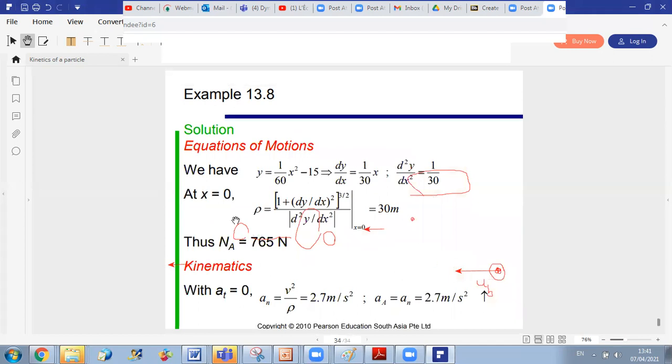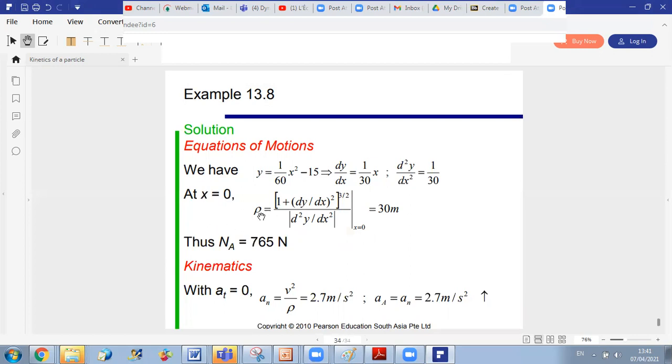Now, concerning the normal, to get the normal, as we said, we need to determine the value of the radius of curvature. To calculate the radius of curvature, I will use the following formula: 1 plus dy over dx squared, the whole term to the power 3 over 2, over the absolute value of the second derivative, equals the radius of curvature.